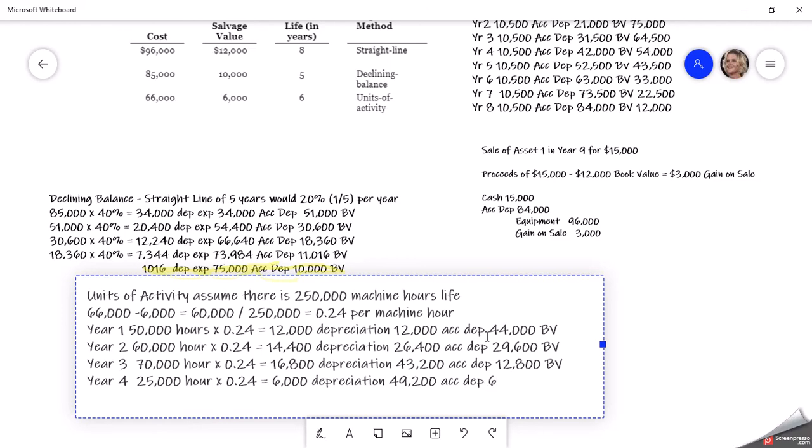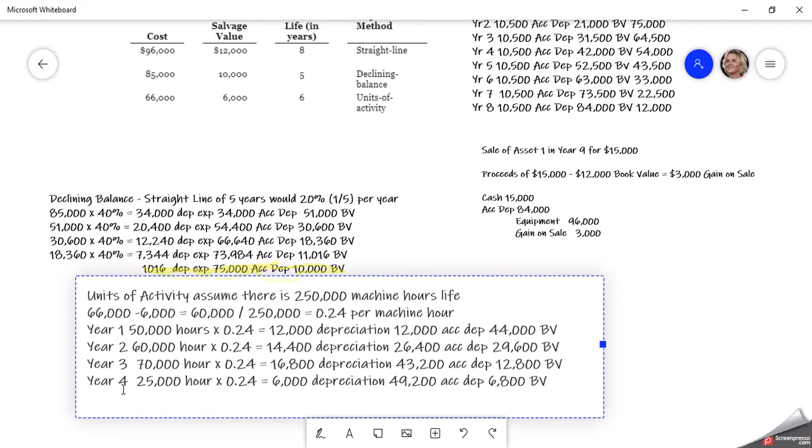And then takes it down to 6,800 as our book value. But then what we have to pay attention to is how many hours we have. So there I'm up to 205,000 hours. So that leaves 45,000 hours left.